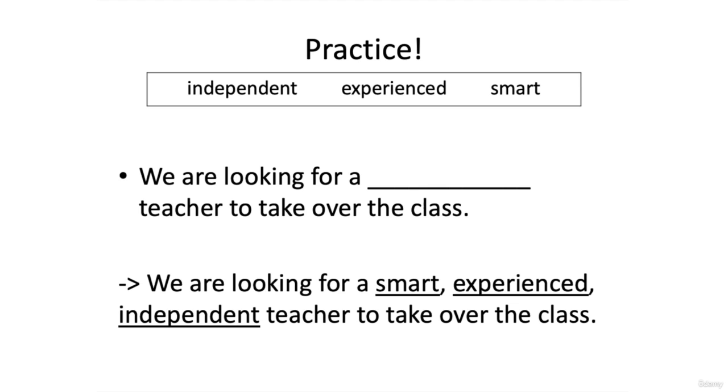Notice the commas, as these are coordinate adjectives. We can therefore change their order. We can also say, we are looking for an experienced, smart, independent teacher. Or we are looking for an independent, experienced, smart teacher. All combinations are correct.